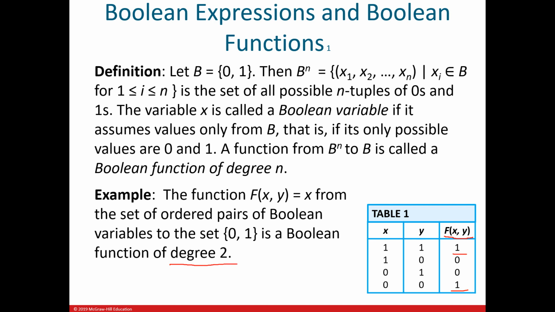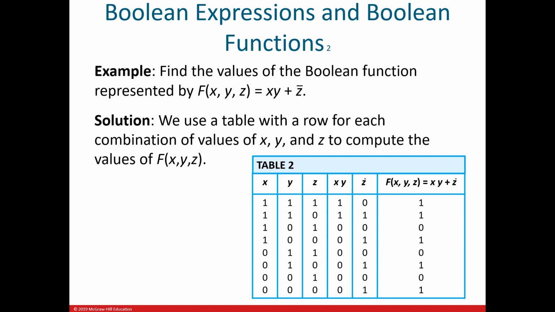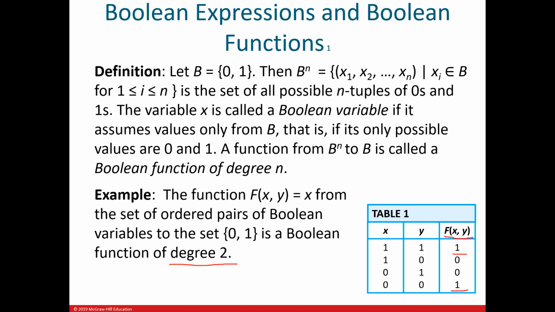Now they want to know how many such functions we can create using 2 variables. What do you think? When there are 2 variables, there are 4 possibilities: it might be 1 1, 1 0, 0 1, or 0 0.